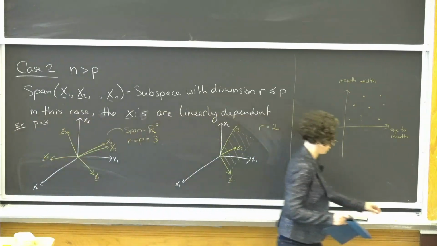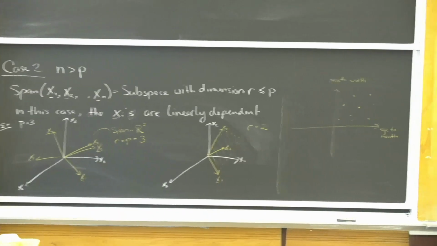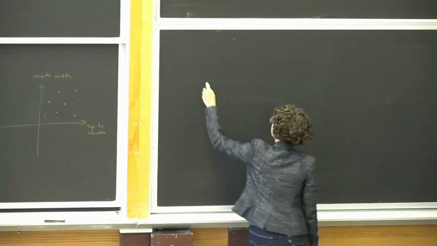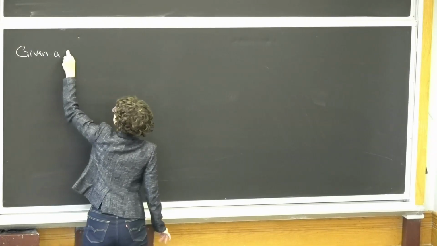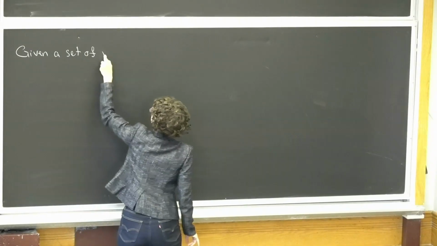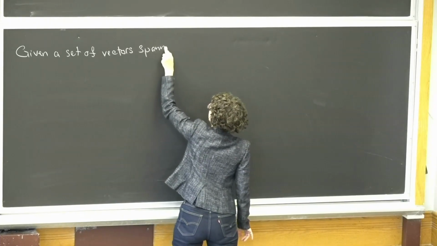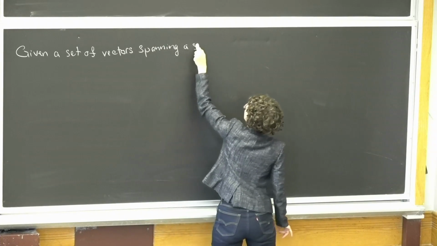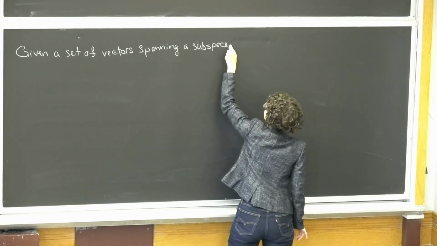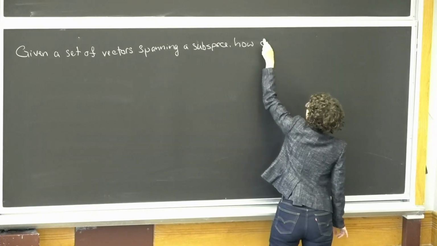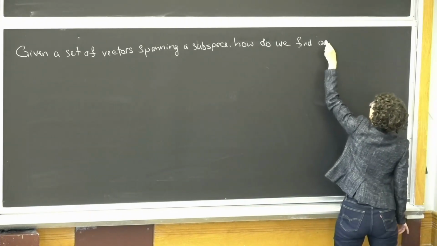That was just a perfect segue into the next thing I wanted to mention. So here's our central question. Given a set of vectors spanning a subspace, how do we find an orthogonal?